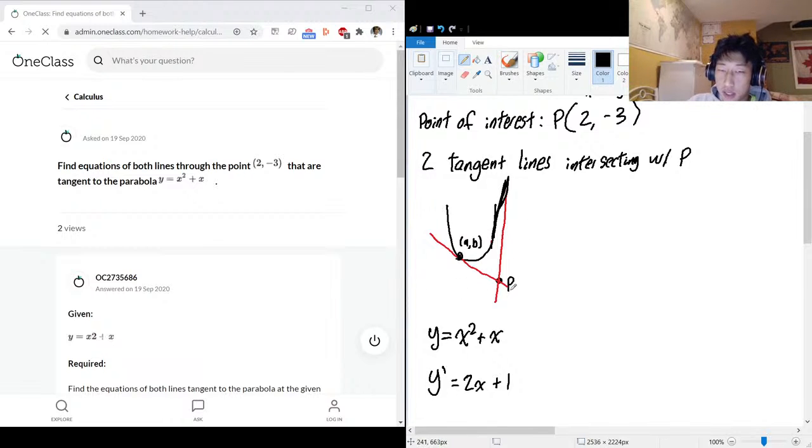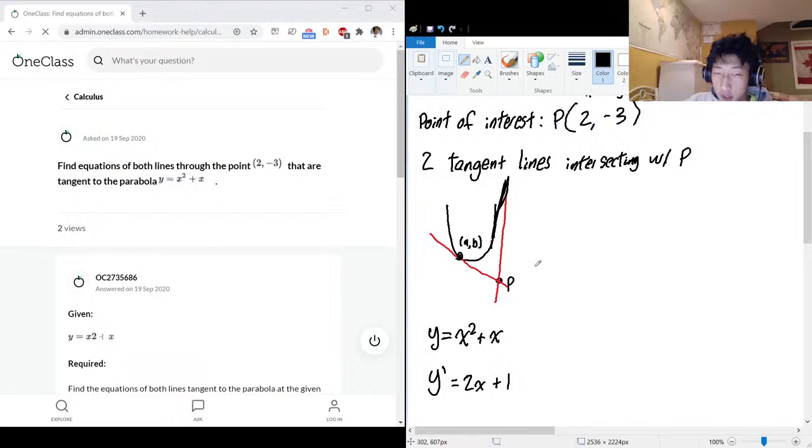Knowing the point with coordinates AB and knowing the position P, we can find the slope there. And the slope that connects those two has to be identical to the slope that we have from our derivative, right? Because the tangent at this point is going to be a line with a certain slope.